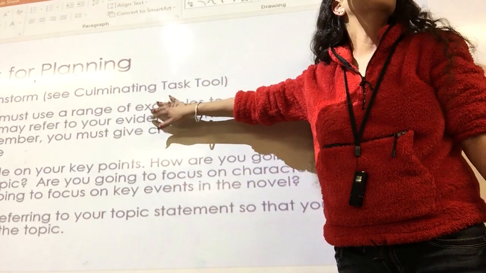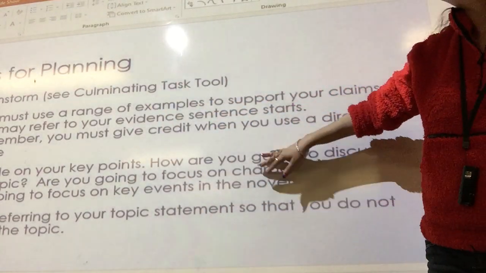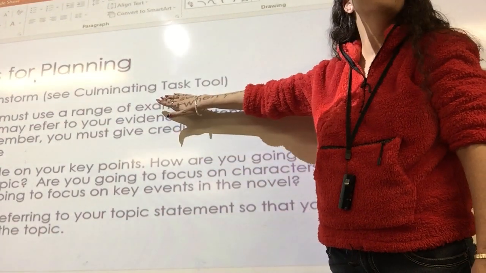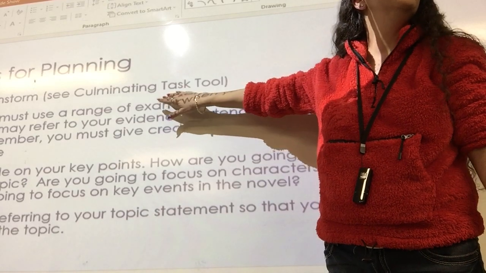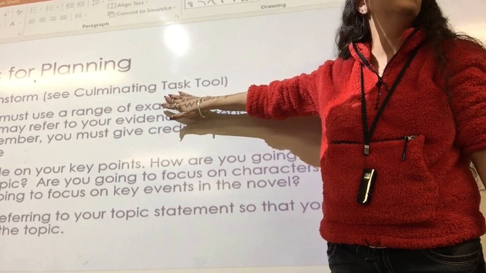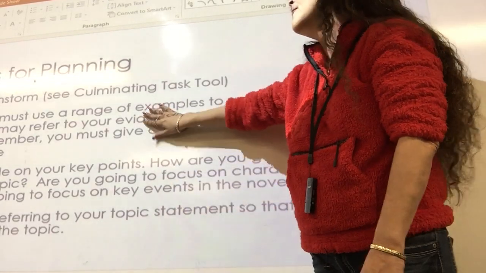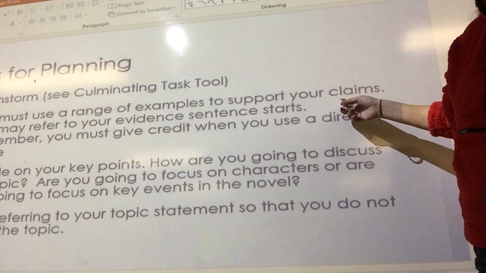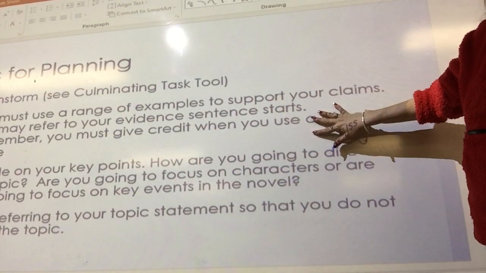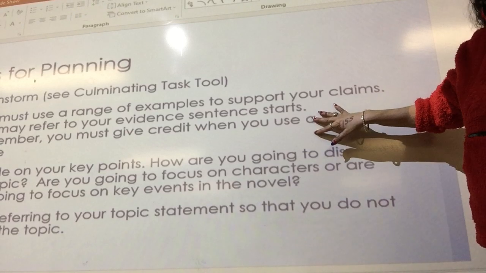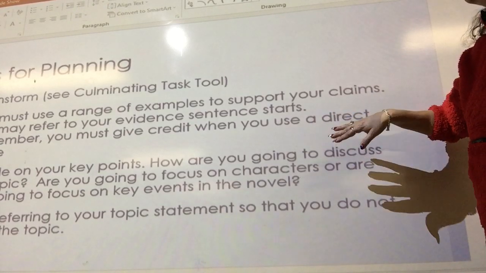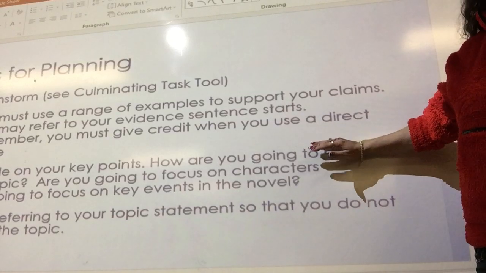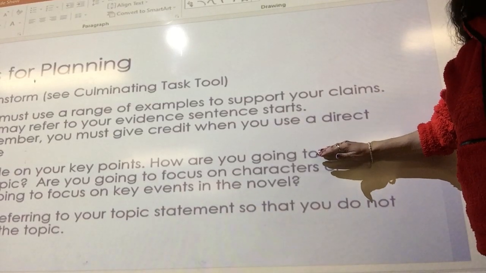Okay, later, after y'all get finished with this, y'all will be doing brainstorm, and there is a section in your culminating task tool where it gives you room to brainstorm. We'll do that here shortly. Range of examples to support your claims, we already went over that. You have to give credit where credit's due, or it's plagiarism.